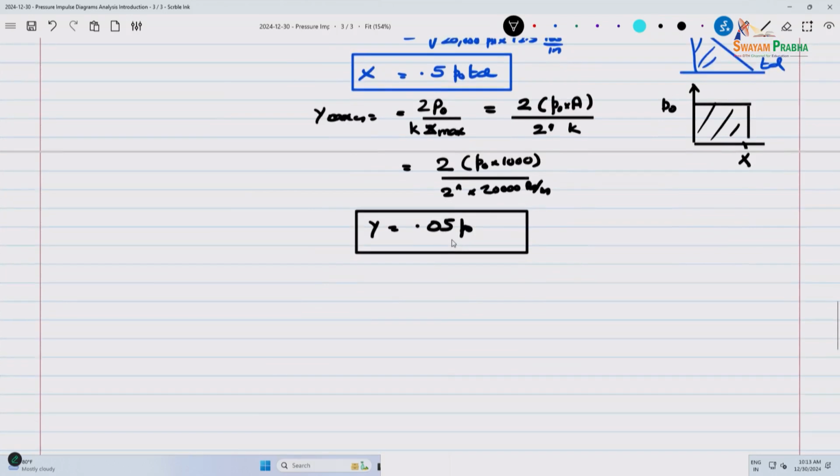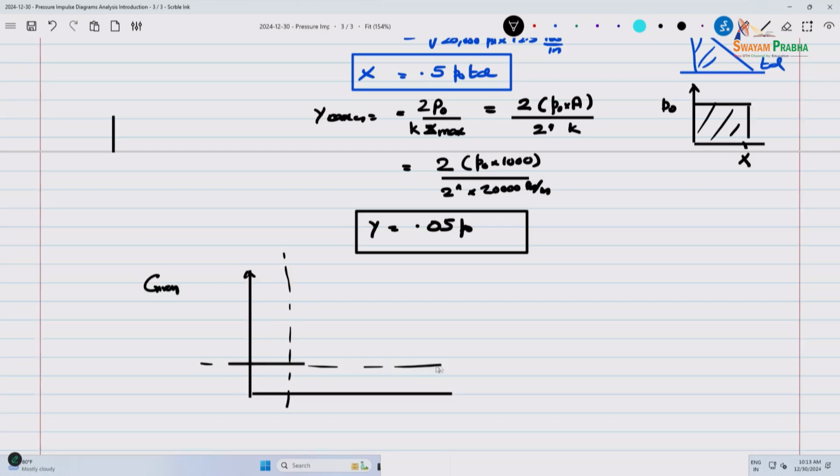So how do you estimate damage? Let's say you're given a PI curve. You have this cantilever wall, and I'll show you another example of a PI curve. So you have a PI curve that looks like this.